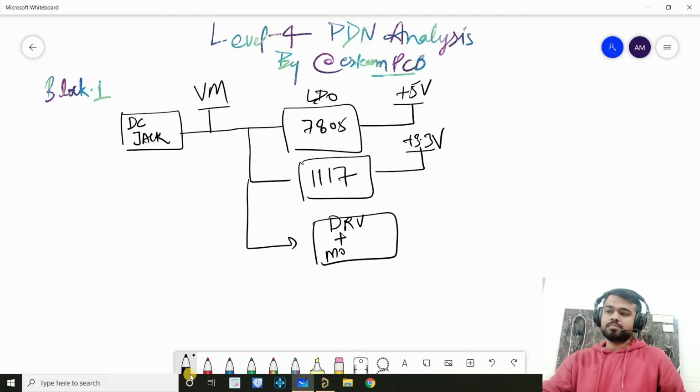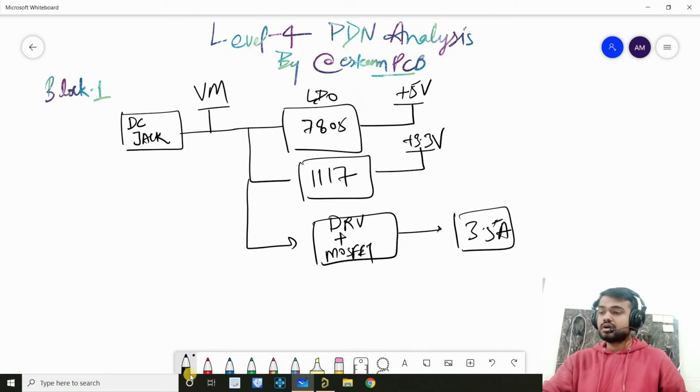Here the major losses will be through the MOSFET because it will have its own RDS(on), and we have a huge amount of current, which is 3.5 amps. So this is our MOSFET, and our load here, we know the amount of load, which is 3.5 amps, connected on this one. Okay, so this is our circuit block 1.